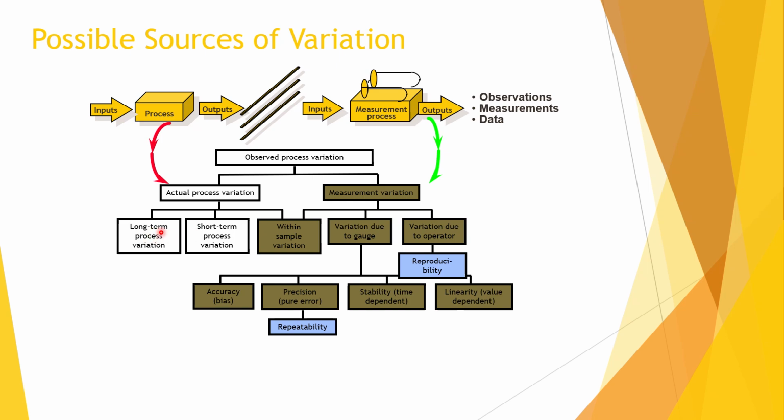And you do not want a replica of errors because of measurement variation, whether that's due to the instrument itself or due to the appraiser, also known as the operator. So we definitely want pure error, actual process variation, and we don't want measurement variation.